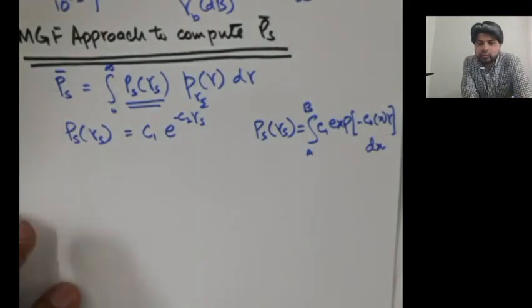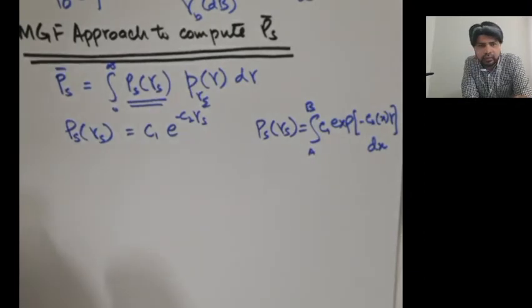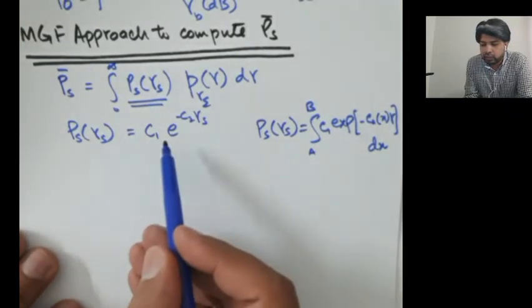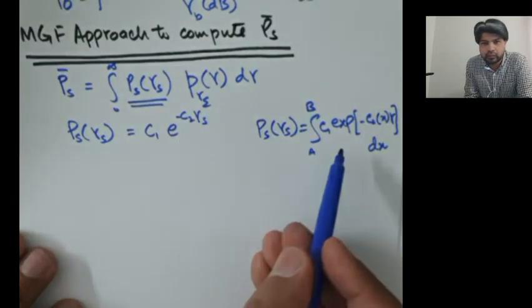That is something we computed using the alternate form of the Q function, where you had the integral from 0 to pi by 2, and C1 and C2 would depend on what type of modulation you are using, and then you would integrate over d phi. So these are generically represented here, P_S of gamma_s and P_S of gamma_s in terms of an integral. Either it would be an exponential function or an integral of an exponential function.